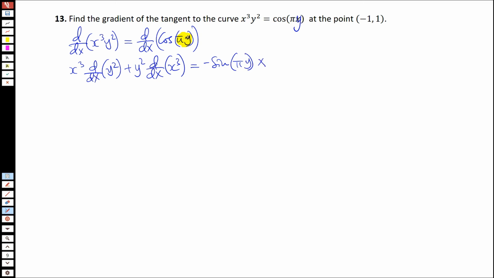Now if you find the derivative of pi y, pi is just a constant, and the derivative of y is dy over dx, so that will be pi dy over dx.